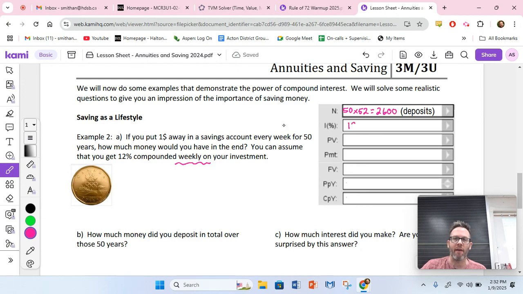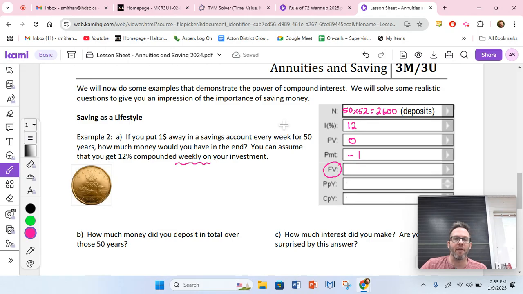We're doing 12%. 12% is pretty generous for an interest rate, but if you're not touching it for 50 years and part of your investment gets into the stock market, a mutual fund, that's not unrealistic. PV, we start with nothing. PMT, we're putting $1 away, minus 1, because we're giving it away.